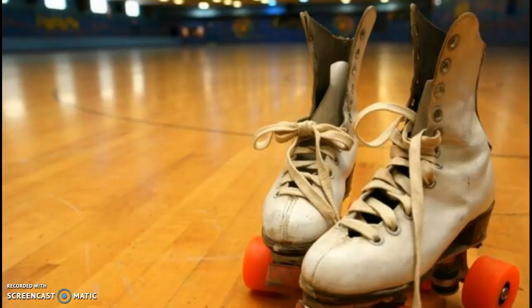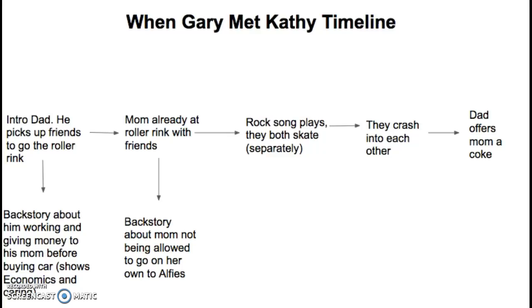Once you have your small moment really dialed in, what I would like you to do, if you haven't already done it, is to create your timeline. This is an example, and I just want this done in your book. You're taking your small moment and you are getting more specific about how you're going to dial in the details.